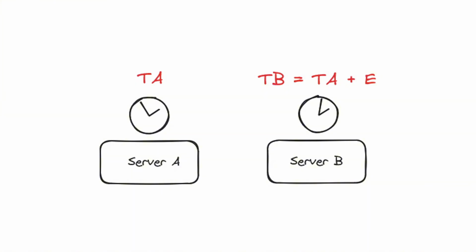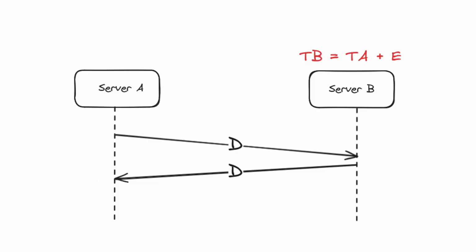Suppose E is the error between the two clocks, so TB equals TA plus E at any given time. Also suppose D is the delay required to send a message between the two servers.